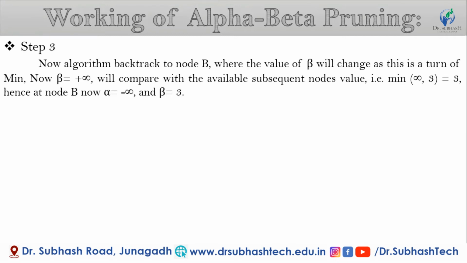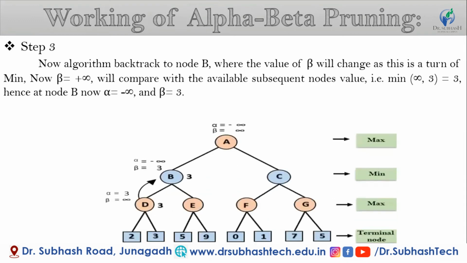Now in step 3, the algorithm backtracks to node B, where the value of beta will change as this is the turn of min. So beta is equal to plus infinity, and we compare it with the available subsequent node value, so min of plus infinity and 3.